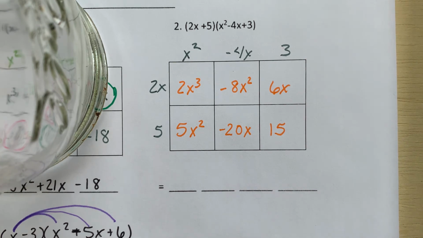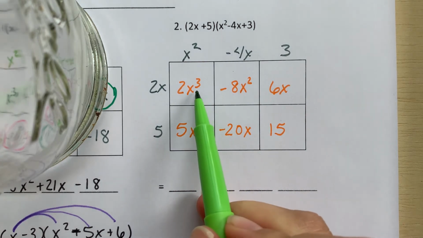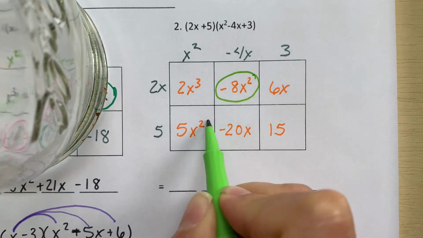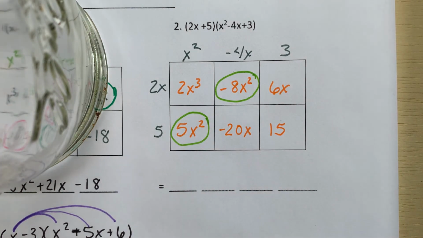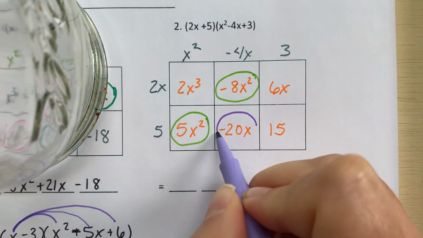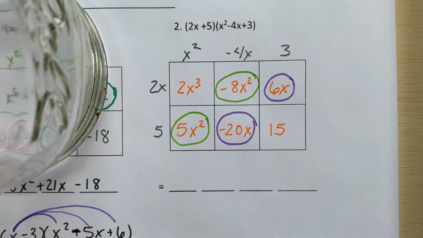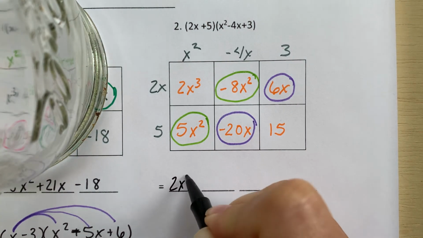So now let's see what my like terms are, the things that I'm combining that are exactly the same. I don't have any other x cubes, but I do have 2 x squareds. So those are going to be combined. And then I do have 2 x's. Those will be combined. So my final answer is going to be 2x cubed.